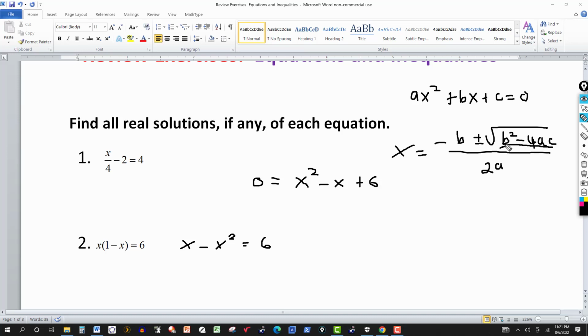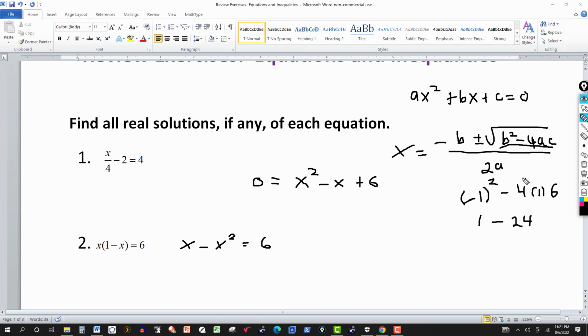So let's compute b squared minus 4ac. In our case, the coefficient of the x term is minus 1. We square that, minus 1 squared. Then minus 4 times a, which is 1, times c, which is 6. So minus 1 squared is 1, minus 4 times 1 times 6 is 24.